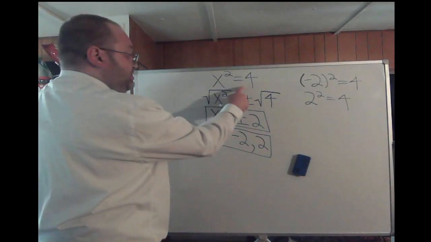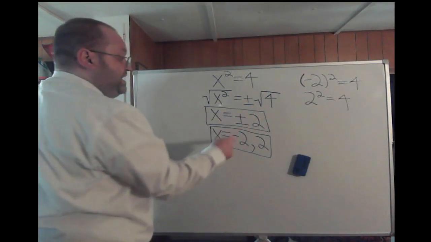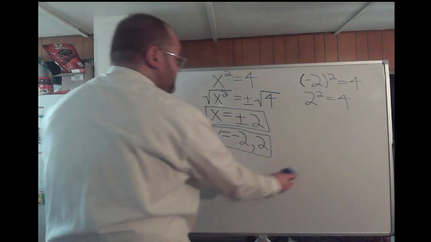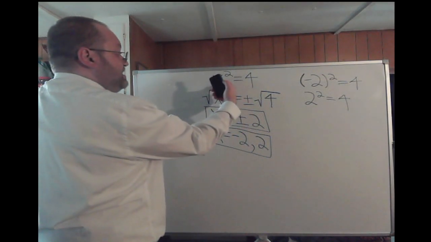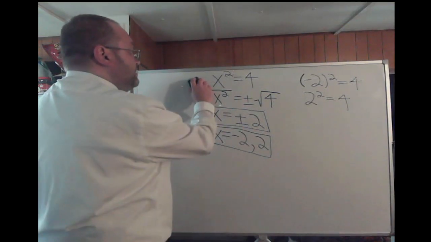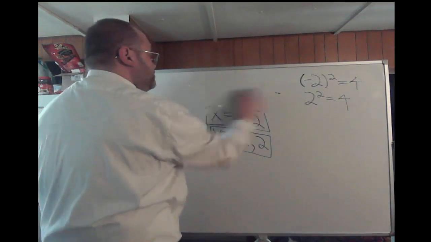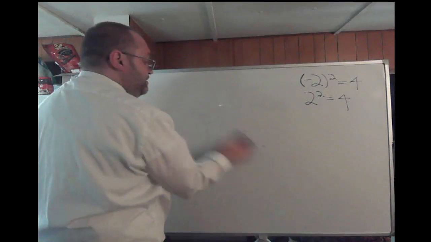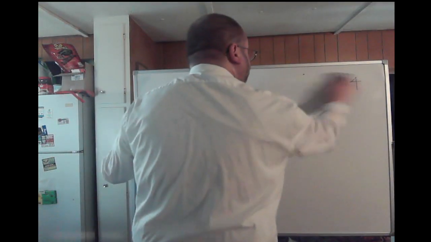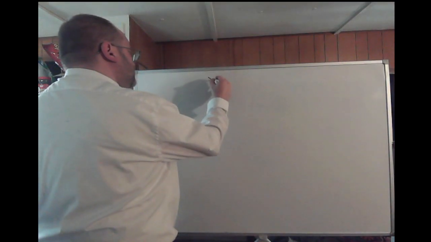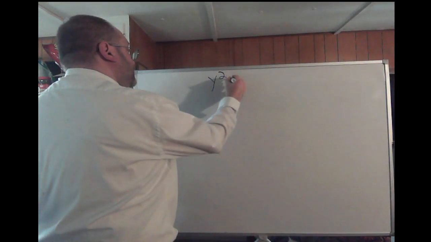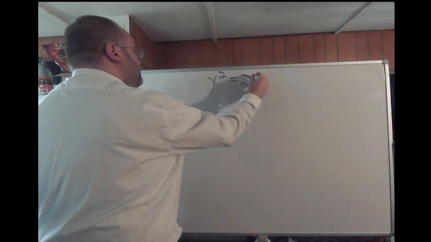They'll have a positive and a negative solution, for ones such as x squared equals 4. There's other types of quadratic equations we won't cover until Algebra 1, but we are covering the most rudimentary basic ones today.